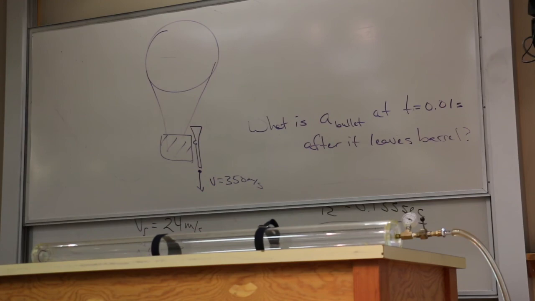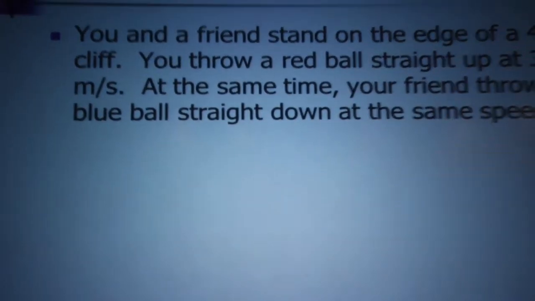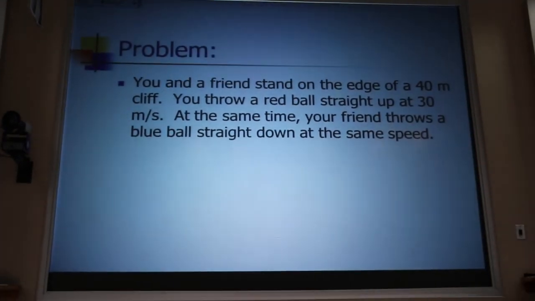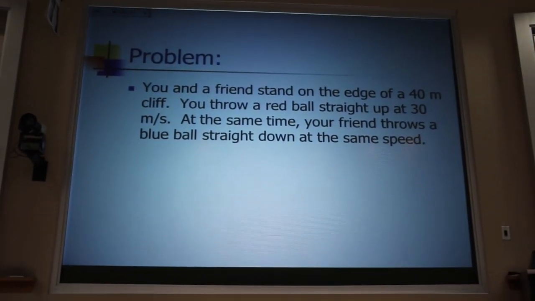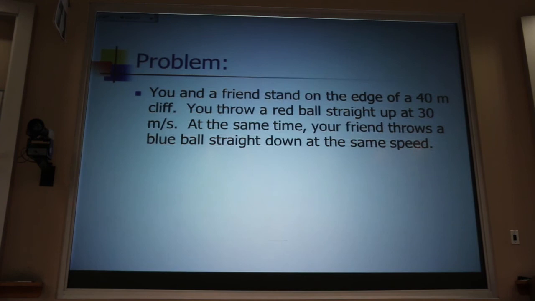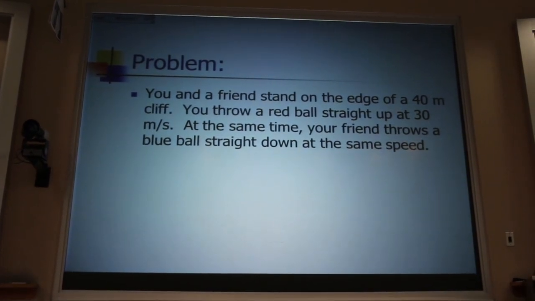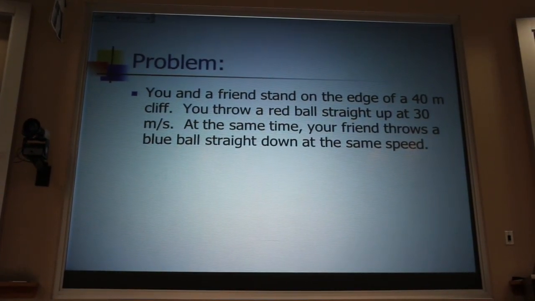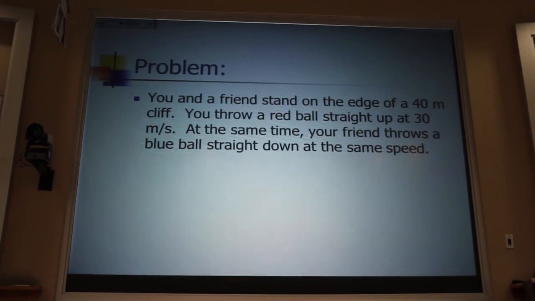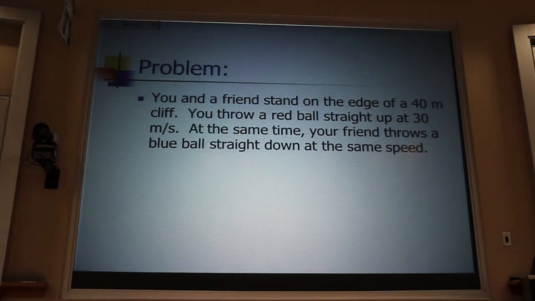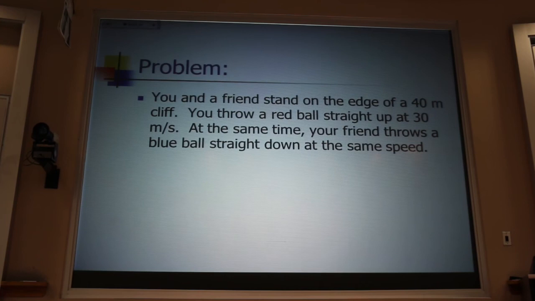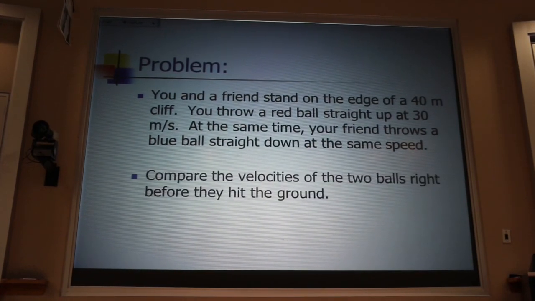Here's a problem that I think really gets at whether you understand this idea of gravitational acceleration. You and a friend stand on the edge of a 40-meter cliff. You throw a red ball straight up at 30 meters per second. You've got a good arm. At the same time, your friend throws a blue ball straight down the cliff at the same speed. Two questions.